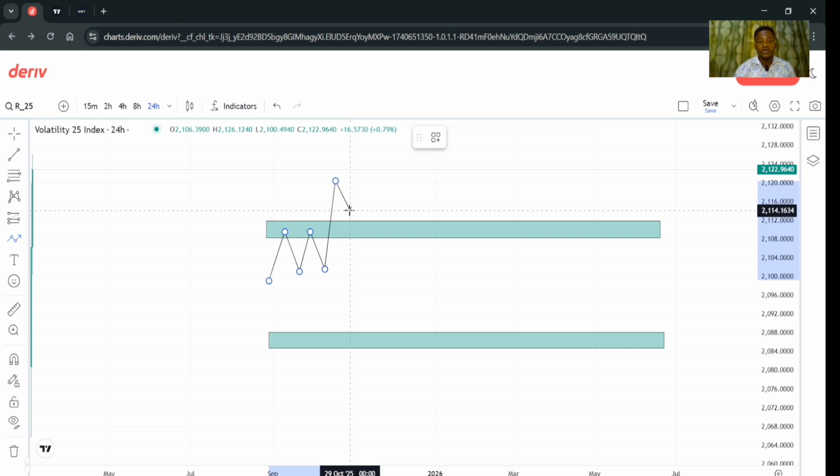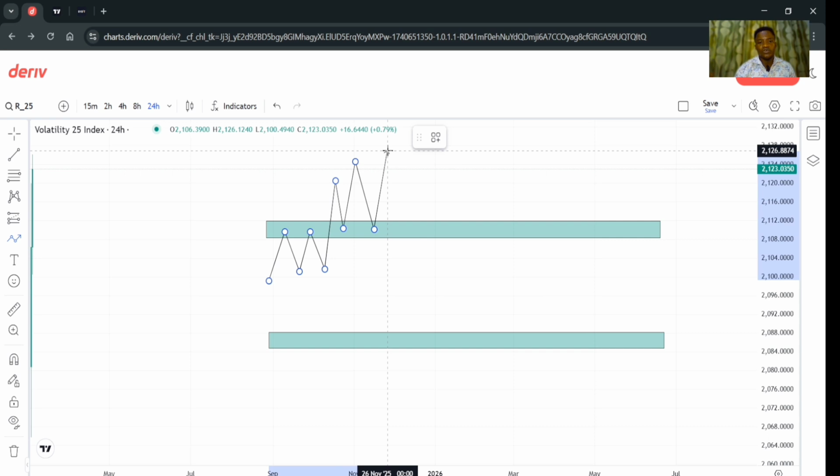Whenever the price is above a level, that level is a support level, and when the price is below a level, it means that level is a resistance level. So now this is a support level. Do you understand?